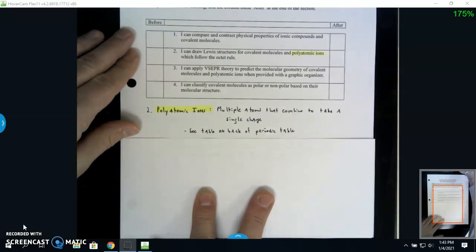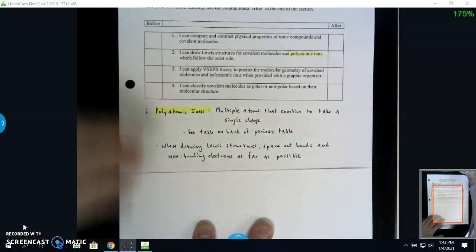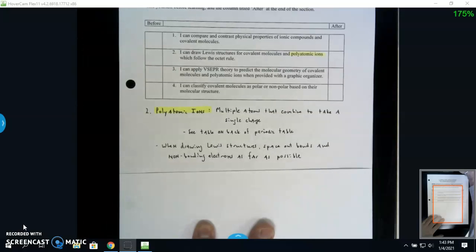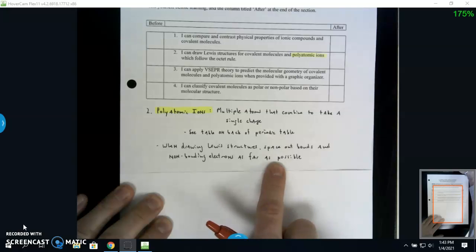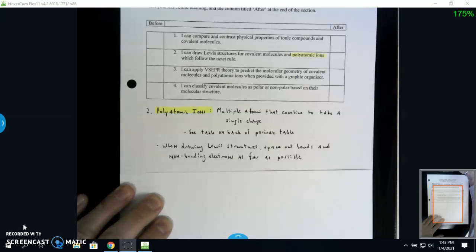Here's the last note related to this. When we draw Lewis structures, what we need to do is space out the bonds, which are electrons, and space out the non-bonding electrons as far away from one another as possible. So again, when drawing Lewis structures, space out bonds and non-bonding electrons as far as possible.